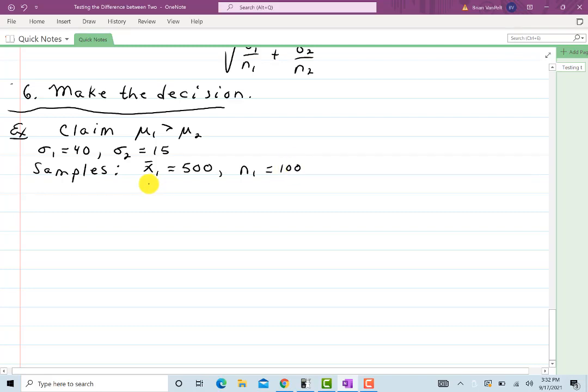On the second sample, we had a mean of 495, and the size of that sample was 75. And we want to test the claim at alpha equals 0.10.